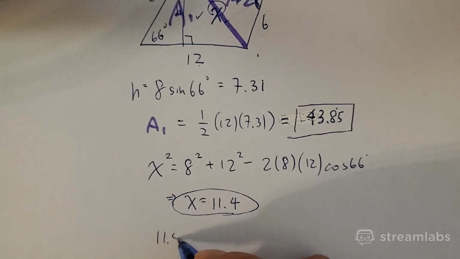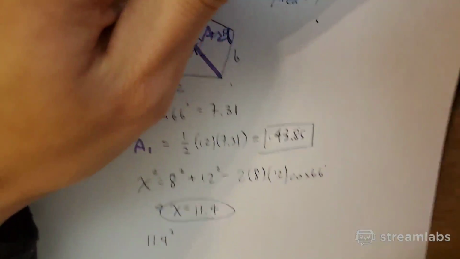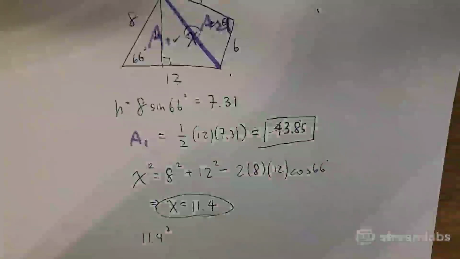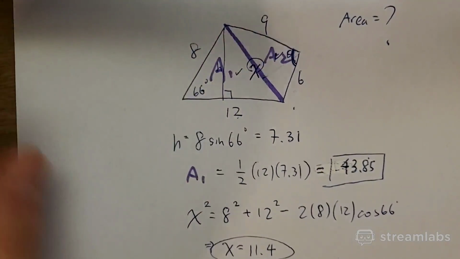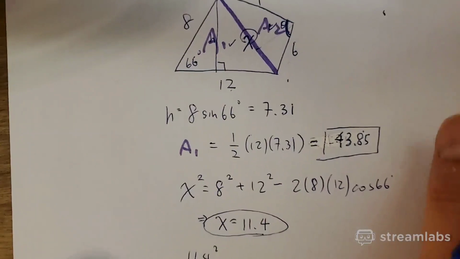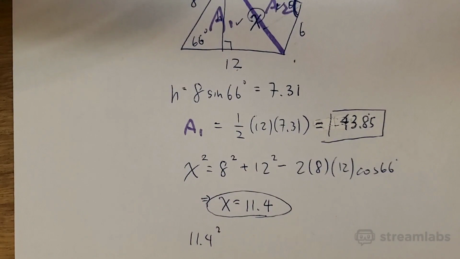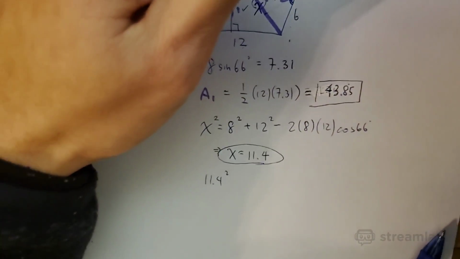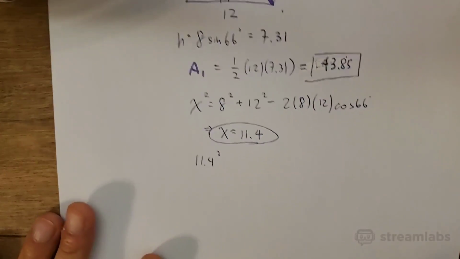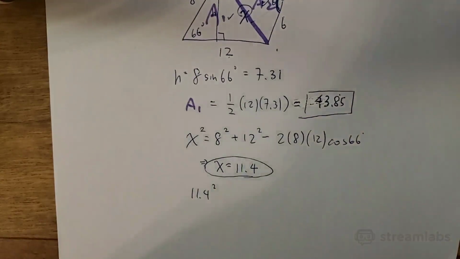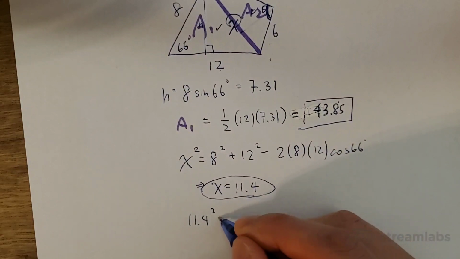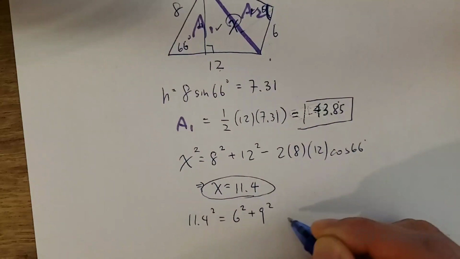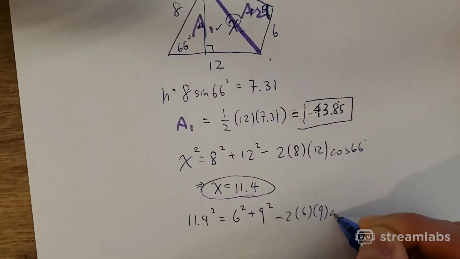So 11.4 squared, which is x squared we had before, is equal to 6 squared plus 9 squared minus 2 times 6 times 9 cosine theta.